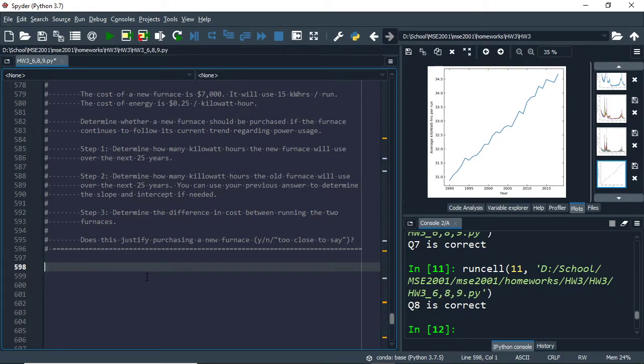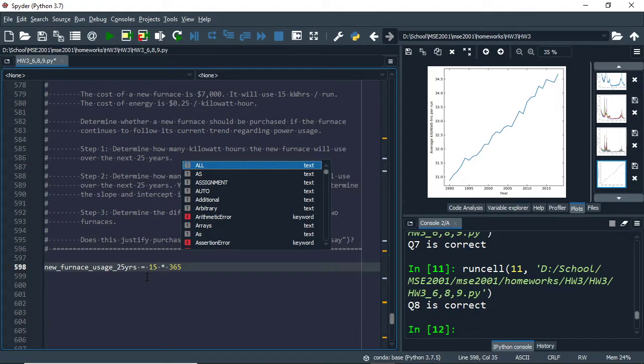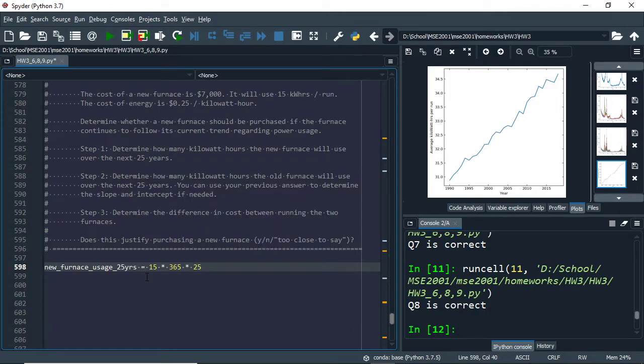So, let's just say usage, we'll say new furnace usage, 25 years. It's going to be equal to 15 kilowatt hours per run times 365 runs per year times 25 years.